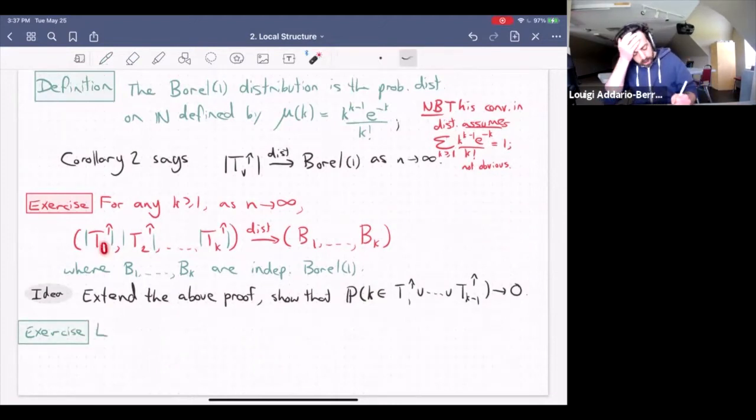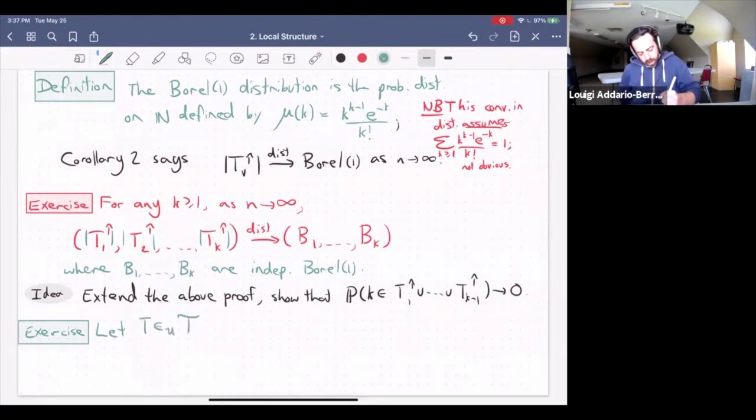I'm using vertices with labels 1 up to k in order to make a statement where there's no arbitrary choice of v here. But like I said before, you can also insert randomness over the vertices, which will be useful in a minute. So I'm going to outsource that a little bit to you, but this exercise should be plausible.